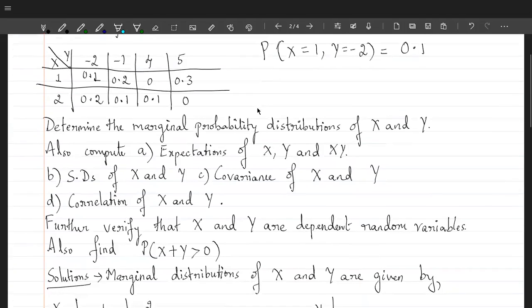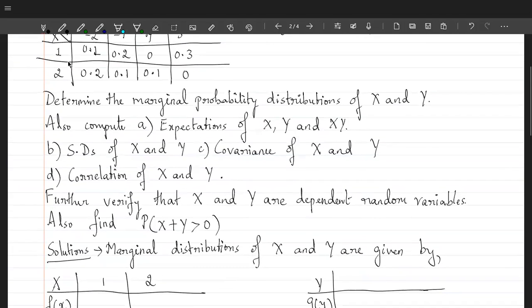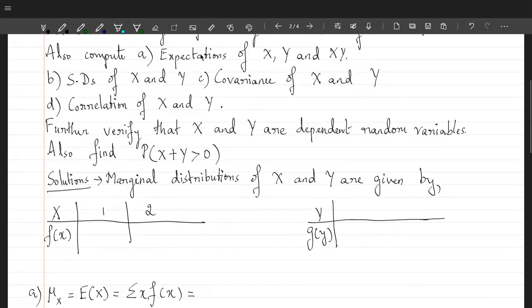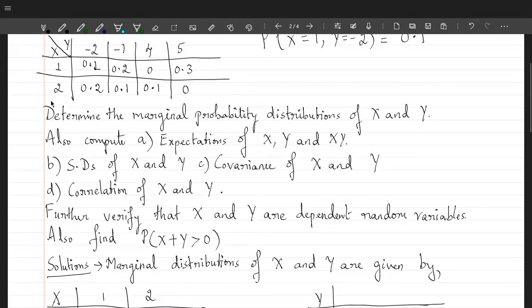So when x is equal to 1, the corresponding probability value is 0.1 plus 0.2, that is 0.3, 0.3 plus 0.3, that is 0.6. Now what we have to calculate is the probability that x takes the value 2. When x is equal to 2, y can take the value -2 or -1 or 4 or 5.